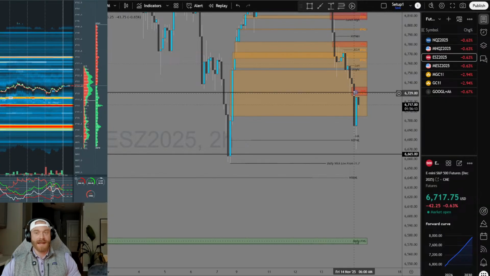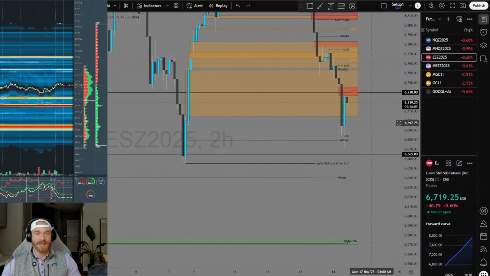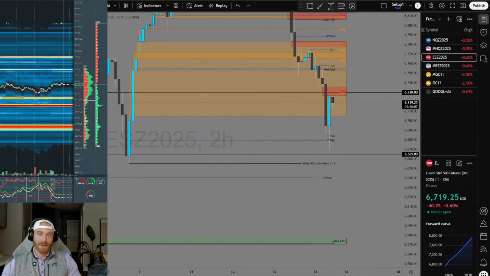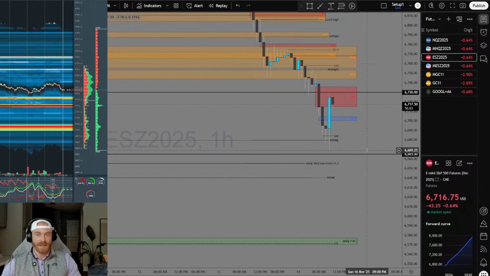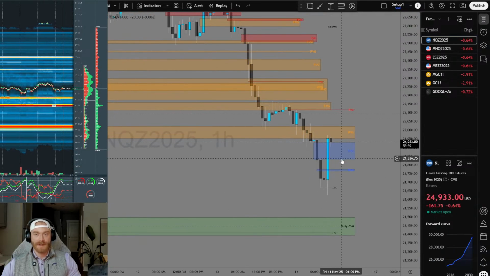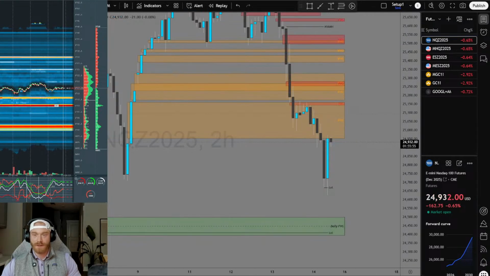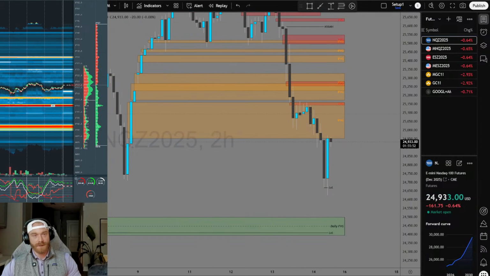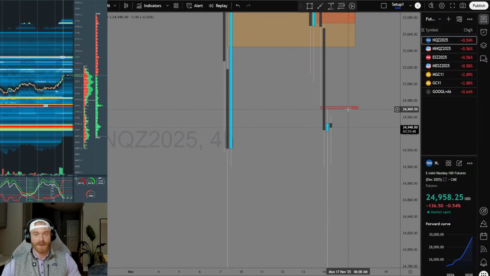We got this 2 hour gap above us. We're basically right in the CE. My line here is in the CE of this 2 hour gap. That's the 1 hour gap that we're rejecting out of right now. NQ inverted that 1 hour gap just now, but it's got a 1 hour inversion above it, a 2 hour inversion above it, and a tiny little 4 hour gap here.